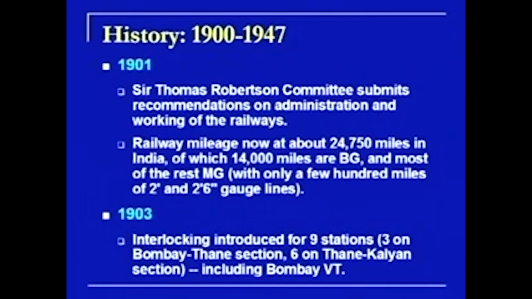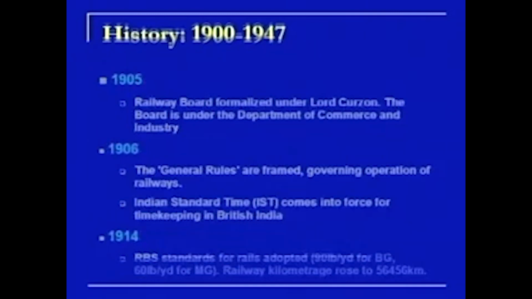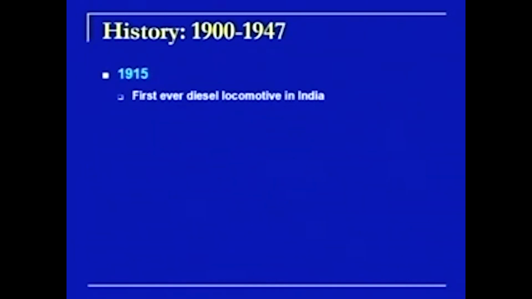The Railway Board, the main board which controls the total operations and policies of the railways, was formalized in 1905. Then the general rules were framed and Indian Standard Time came into force in 1906. The British system standards were adopted so as to keep on constructing the Indian railways and their tracks.